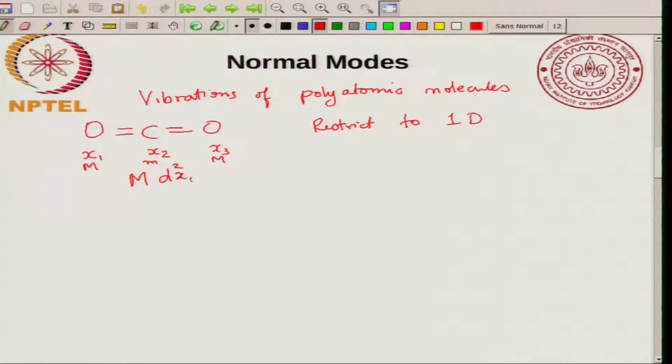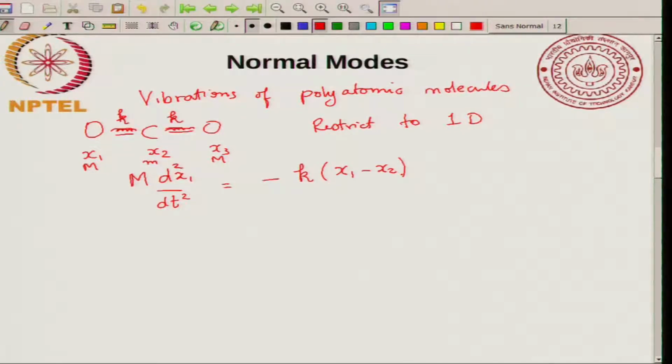So my equation of motion will be m d2 x1 by dt square is equal to minus k, and let me take for convenience that this has a spring constant k and this is k. So when you are modeling vibrations, you think of this bond as having some spring with spring constant k. So I write this as minus k (x1 minus x2).